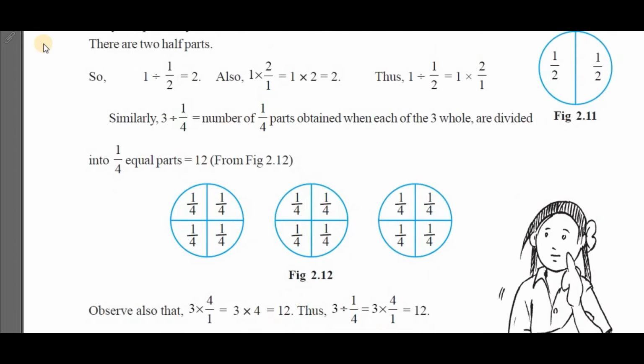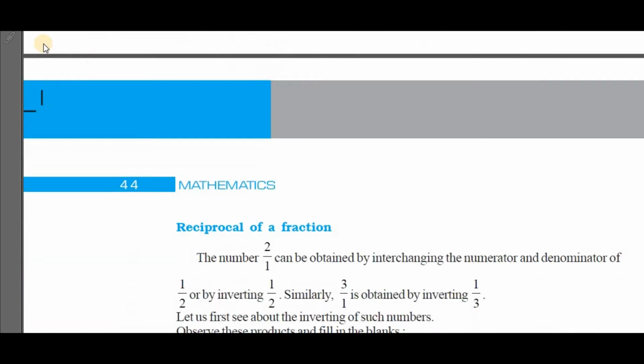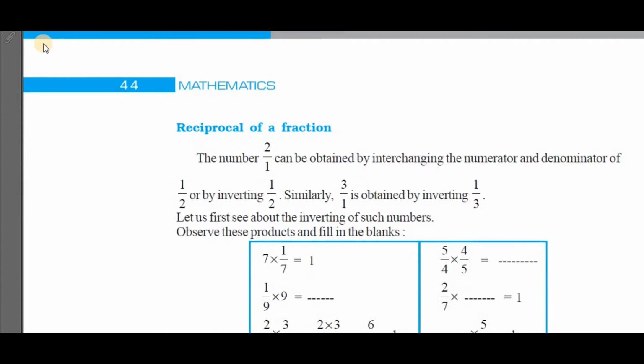To do these divisions, we have one topic called reciprocals, which is also called multiplicative inverse. Here, the reciprocal of a fraction, the number 2 by 1, can be obtained by interchanging the numerator and denominator of 1 by 2, or by inverting 1 by 2. Similarly, 3 by 1 is obtained by inverting 1 by 3.